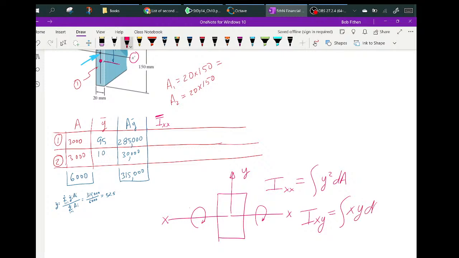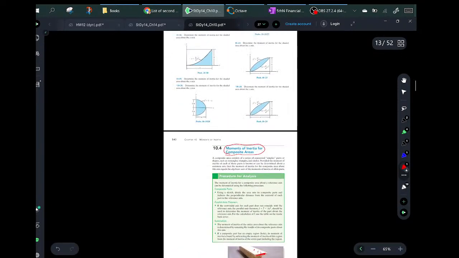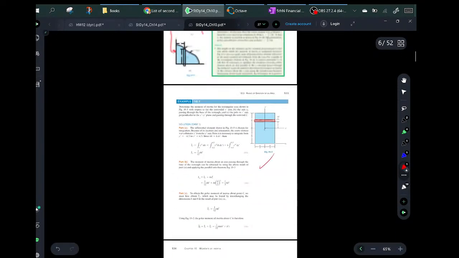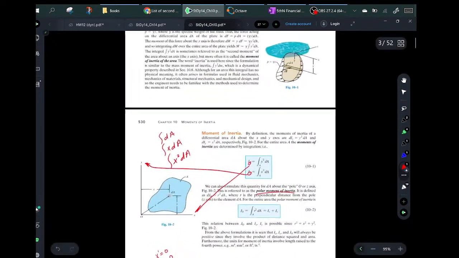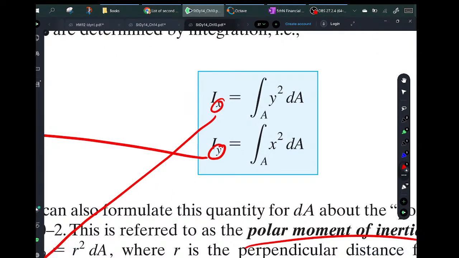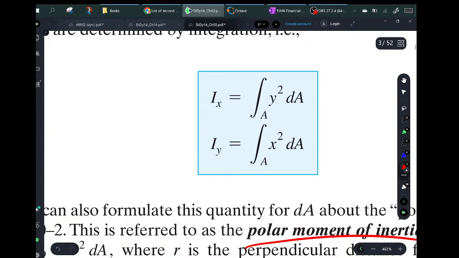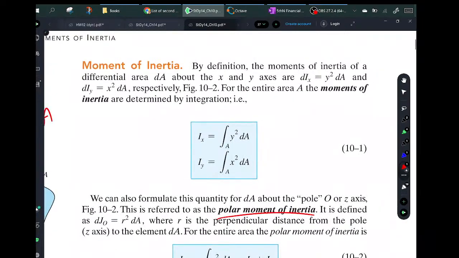XY, the area. So yeah, let me get back to the book for a second. Let me see if I can slide backwards. Okay. Here are the two things. Now, I'm trying to find out.